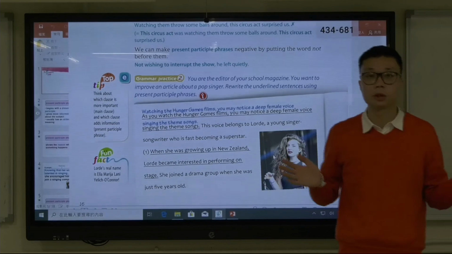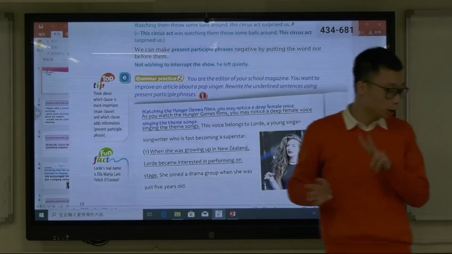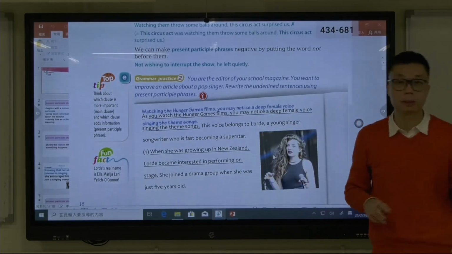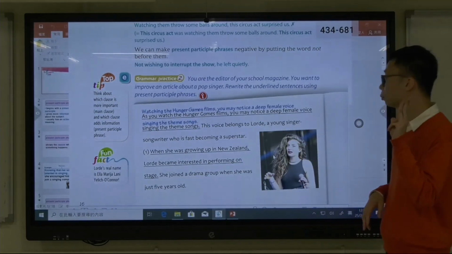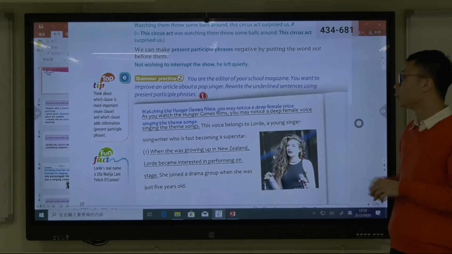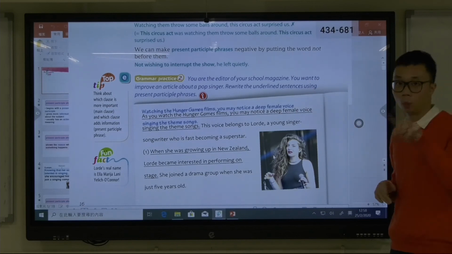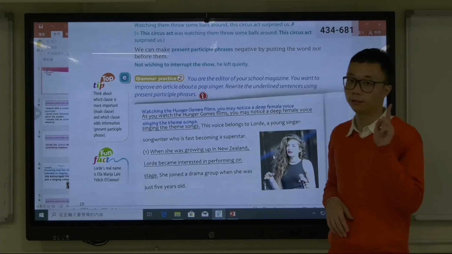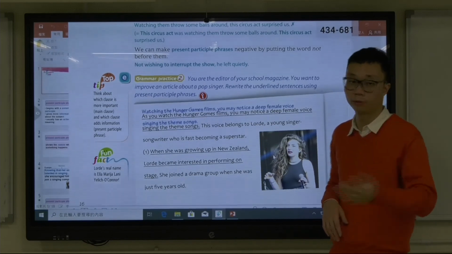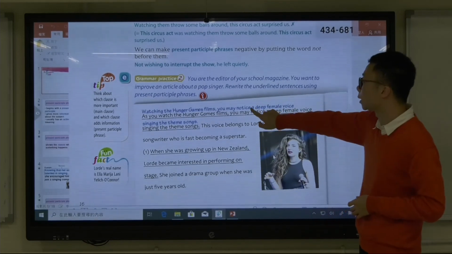The first one, giving more information, the second one, two actions happening at the same time, or the third one, condition. Well, you can consider this one as number one, or number three, although it's a bit similar, but this one is more likely to give you more information. So make sure that this is number one.